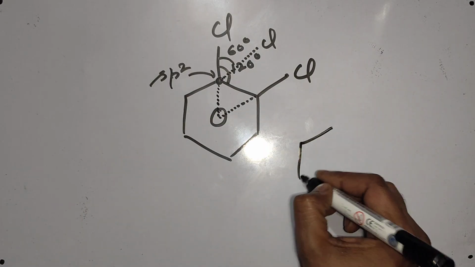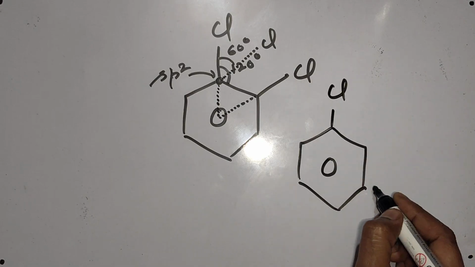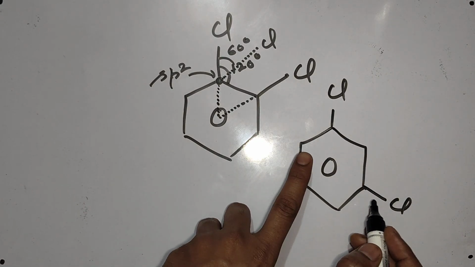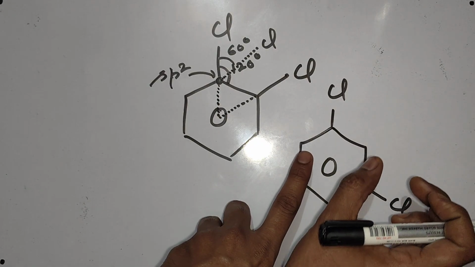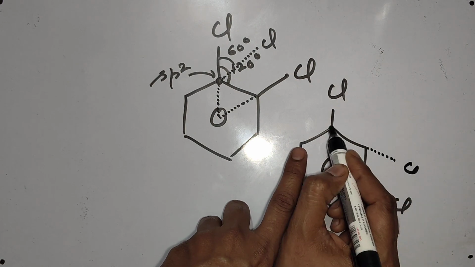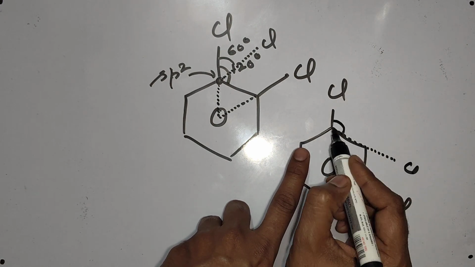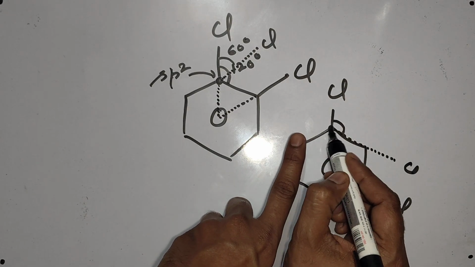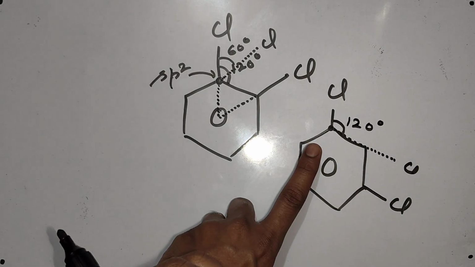In this fashion, you can find the angle between these two chlorines. Similarly, you can find the angle in the meta case. What to do? Just bring this chlorine here and join up to here. So what is the angle? We know the hybridization of this carbon is sp2, and in sp2 orbitals the angle between bonds is 120 degrees.